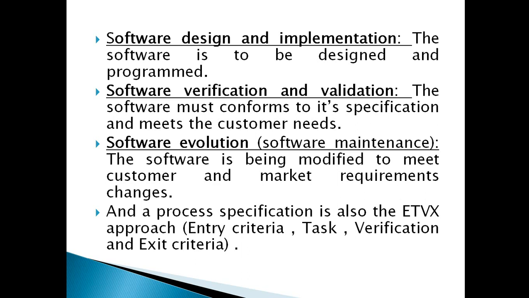Software maintenance, which means there are two types of maintenance. The first maintenance is what the software requires to operate. It may require electricity, network, modem, battery backup, etc. These are all required to operate the software.